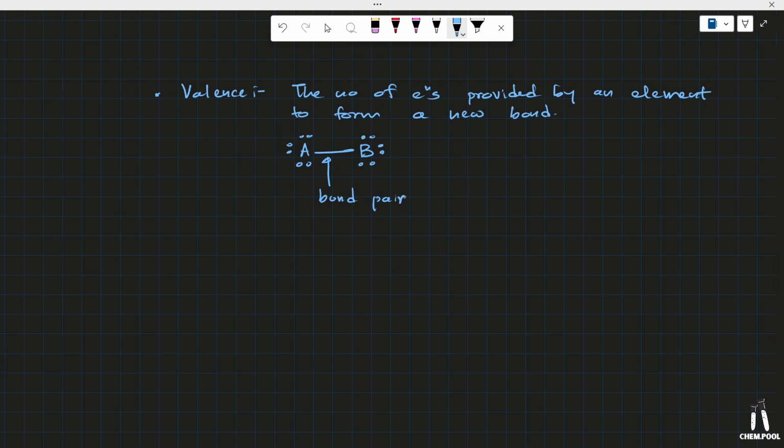For this bond pair, how many electrons? How many electrons were provided from A? Here you can see 1 electron. Therefore, A provides 1 electron and B also provides 1 electron. Therefore, the valence is equal to 1 for A and also 1 for B. That's the major theory.